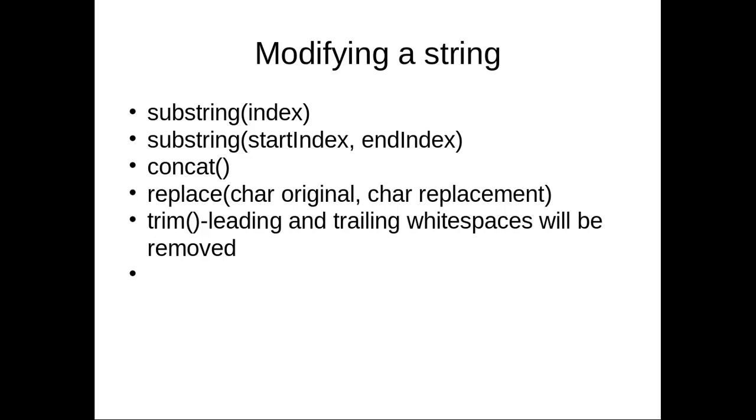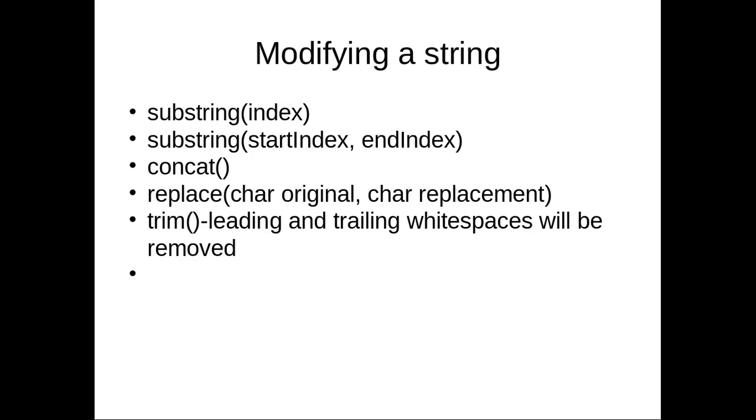Now modifying a string. substring(index), substring(startIndex, endIndex). substring(index) means from that index onwards it will extract that substring. substring(startIndex, endIndex) means you are going to select a string from start index to end index.